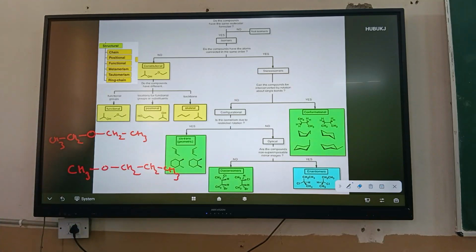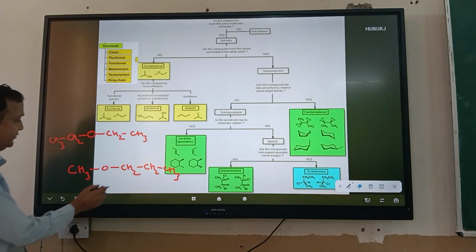So here we can see that both are ethers. In the first case, around the oxygen, on one side there is a methyl group and on the other side there is also a methyl group. In the other case of the ether, on one side there is a methyl group and on the other side there is a propyl group.